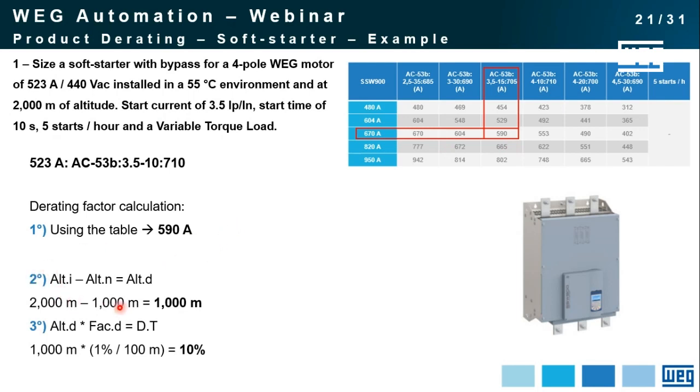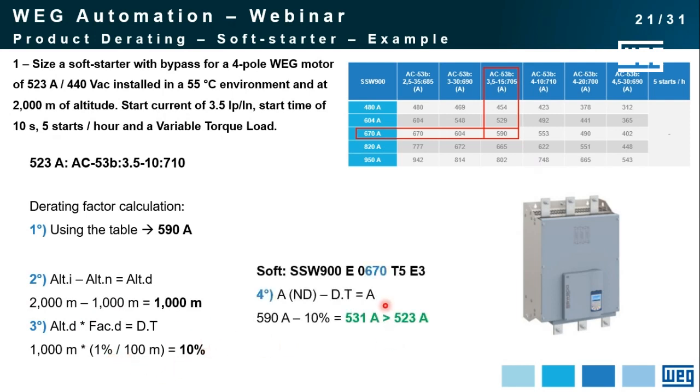So we take the difference between the application altitude and the maximum altitude of the soft starter without derating, which is 1000 meters. Then you multiply by the derating factor, which is 1% for every 100 meters. In other words, 10%.